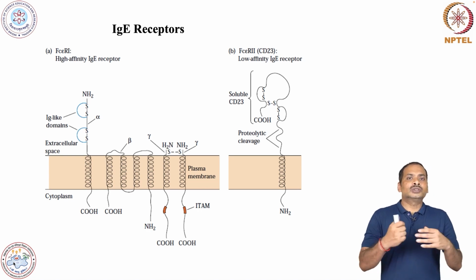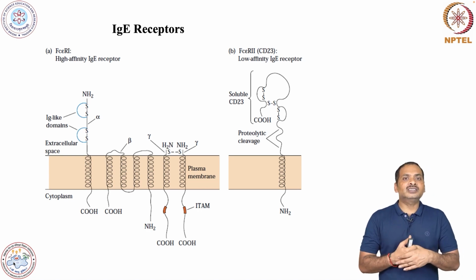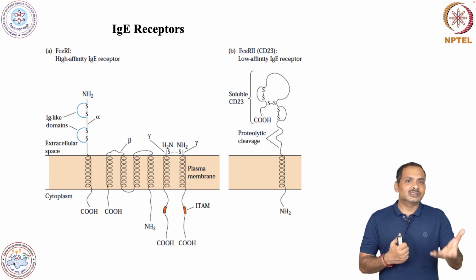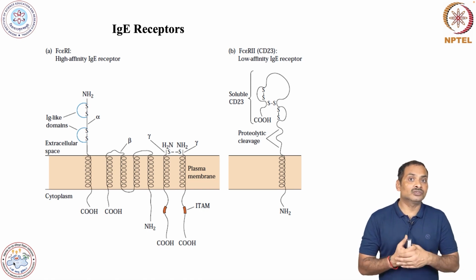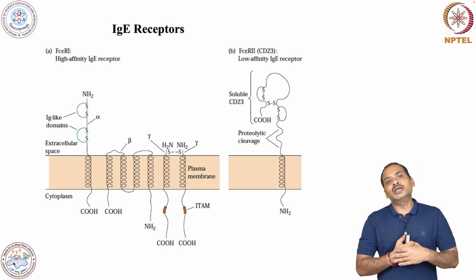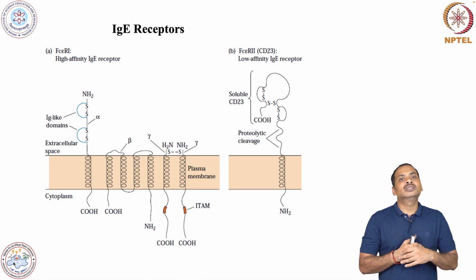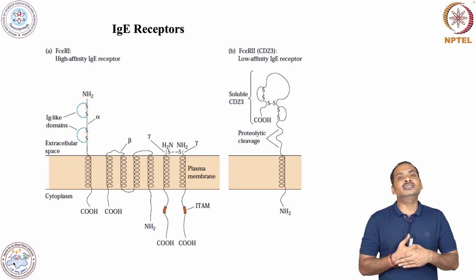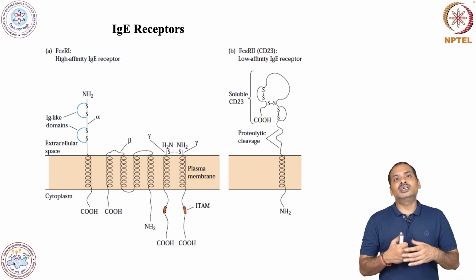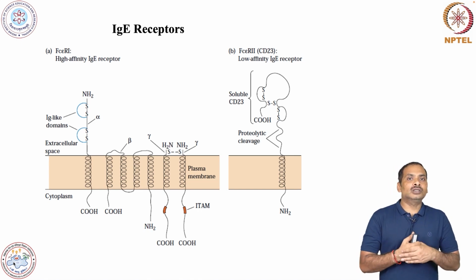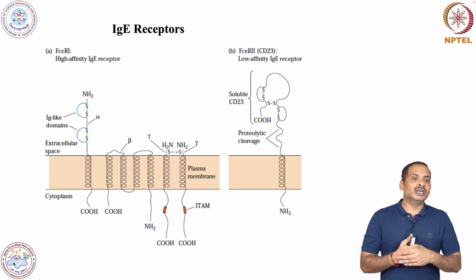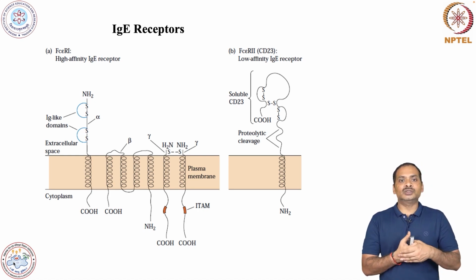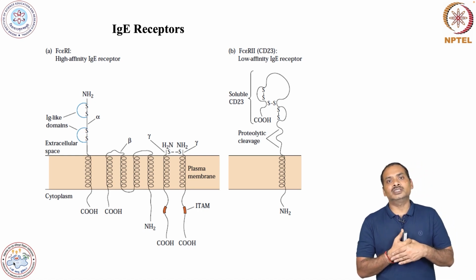Once this antibody is synthesized, it can act on these cells: mast cells, eosinophils, basophils. And there are two kinds of receptor. One is Fc epsilon R1, here you can see, and another is Fc epsilon R2. Fc epsilon R1 is a high affinity receptor, as you can see, and the other is the low affinity receptor.